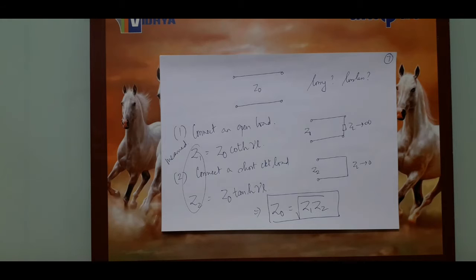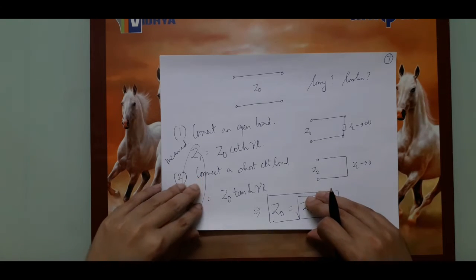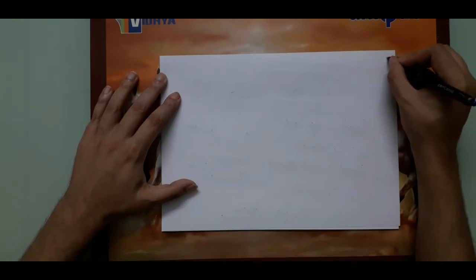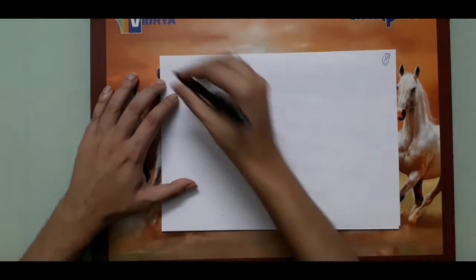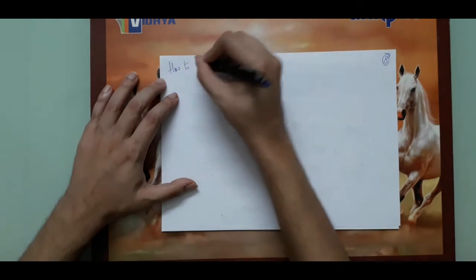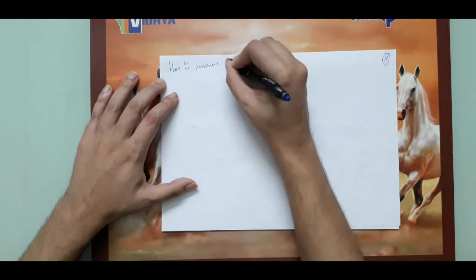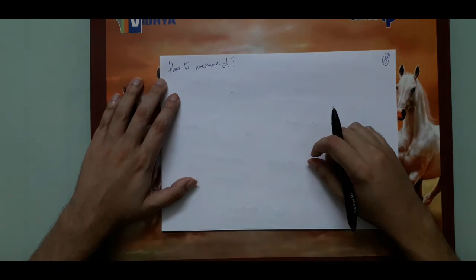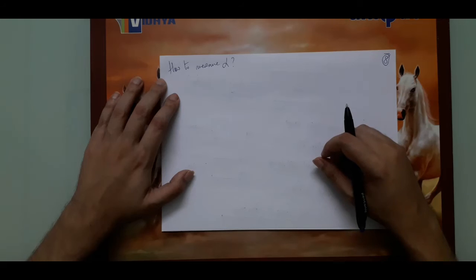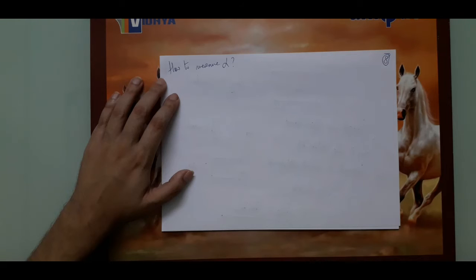Now let's ask ourselves, how do we measure alpha? Alpha, or the attenuation constant, especially where alpha is significant, it need not be zero, it could be some finite quantity.